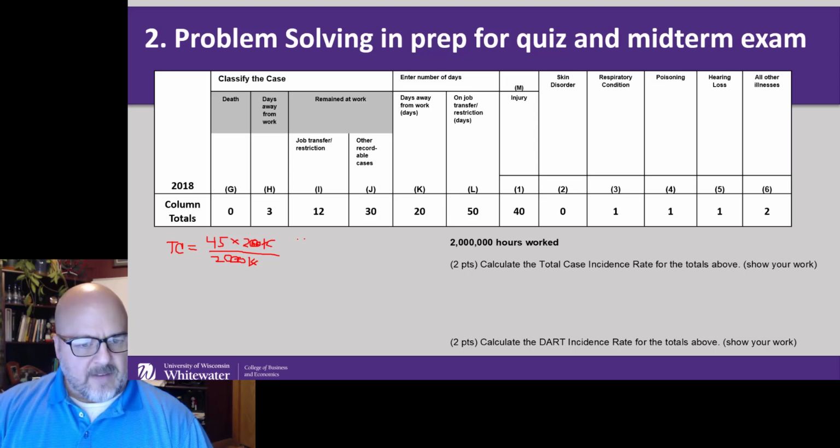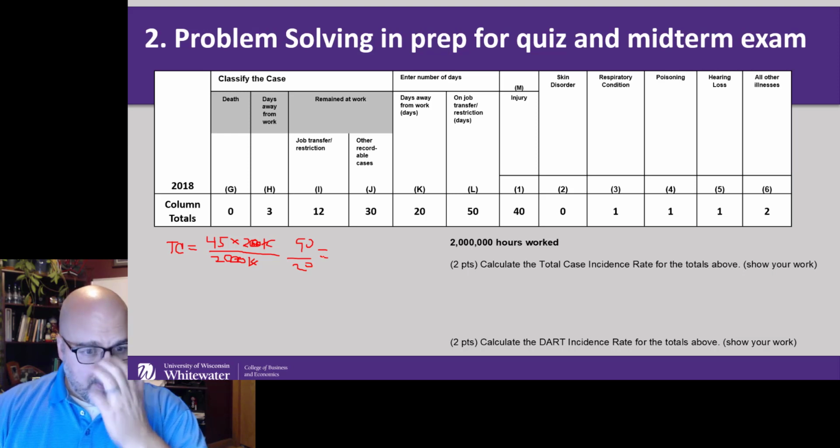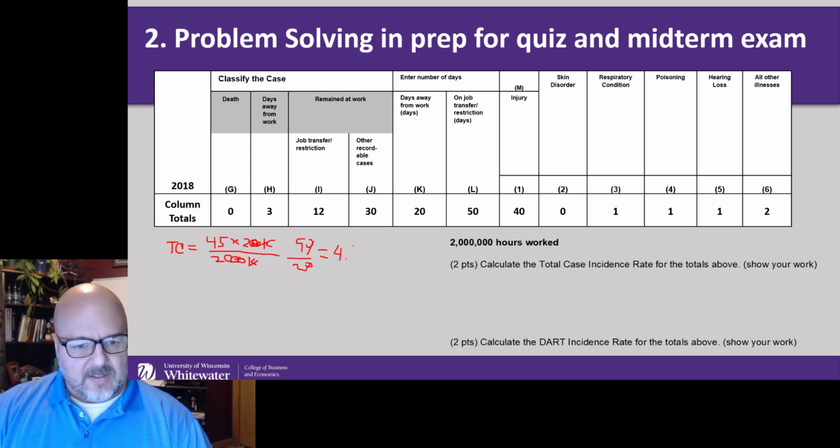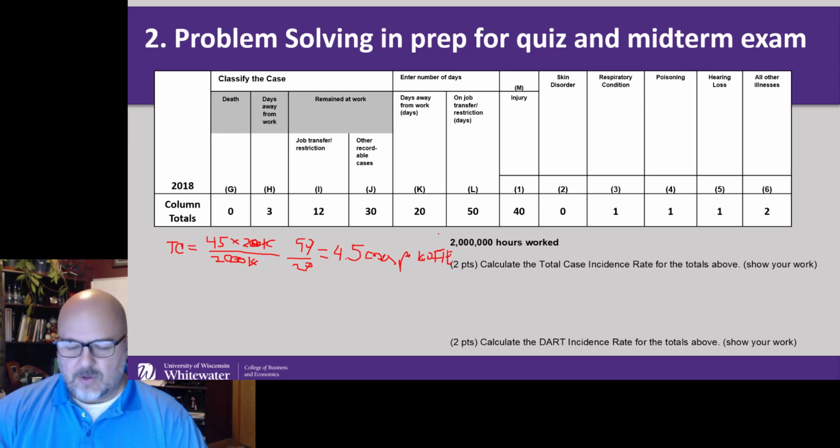So 2 times 45 is 90, 90 divided by 20. Cross those out, so it is 4.5. That is the total case incidence rate, 4.5 cases per 100 FTE, full-time equivalency. Sorry, I wish I had a stylus.